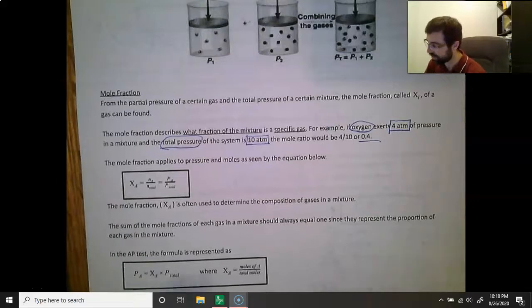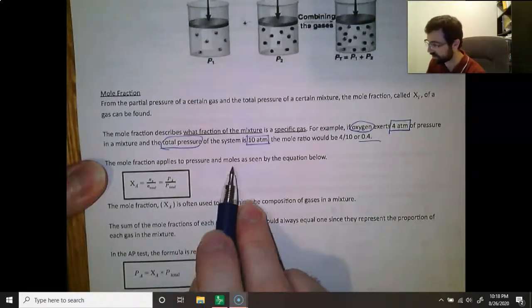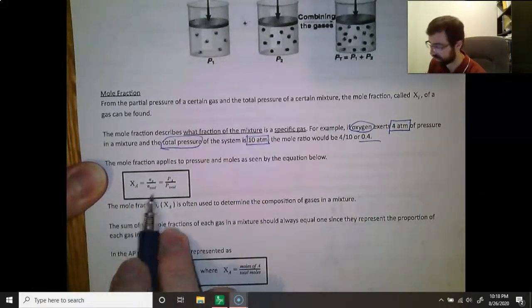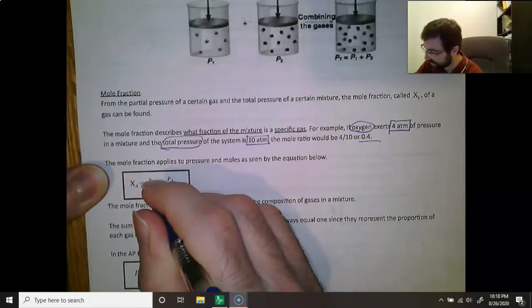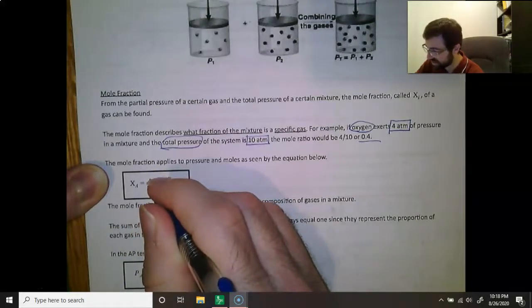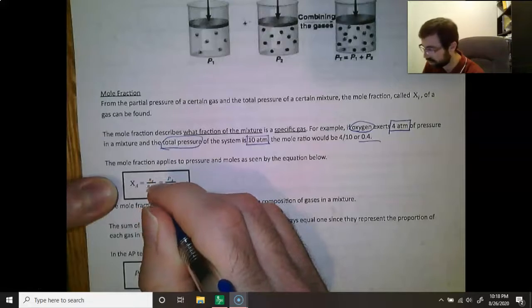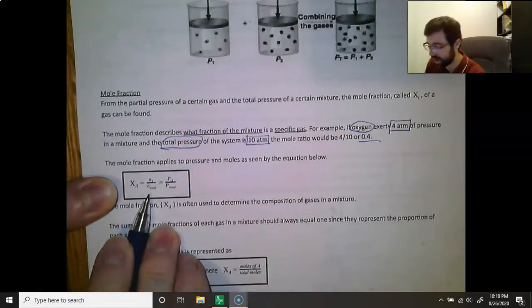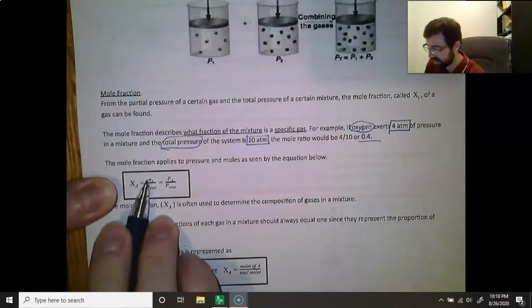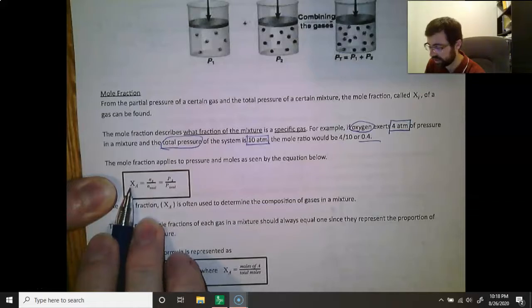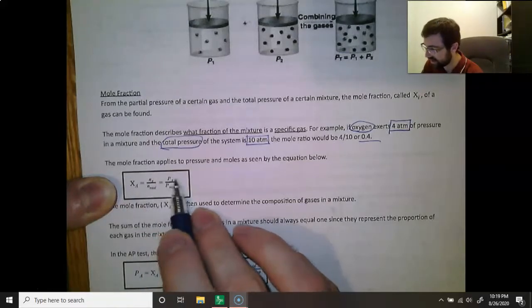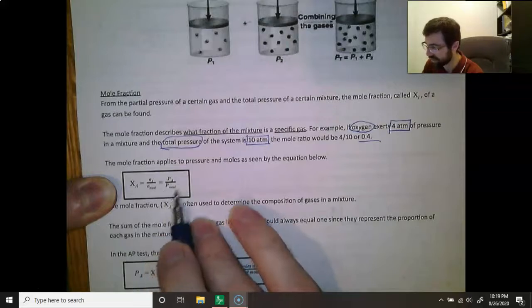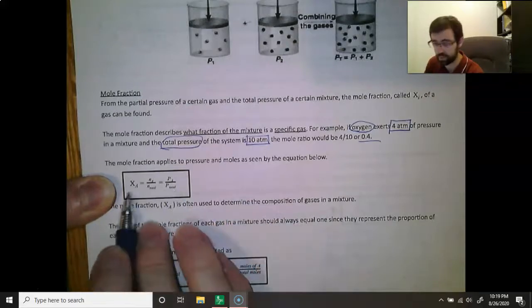The mole fraction applies to the pressure and the moles, as seen in this equation down here. The number of moles of a particular gas divided by the total number of moles in the mixture is equal to the mole fraction, and the pressure of that particular gas divided by the total pressure of the mixture will give you the same number.